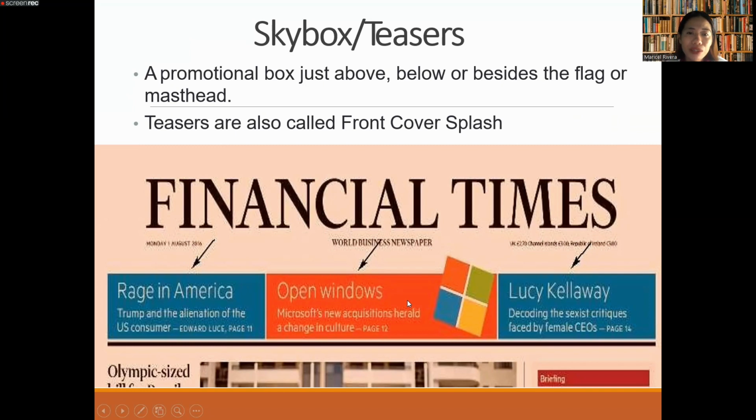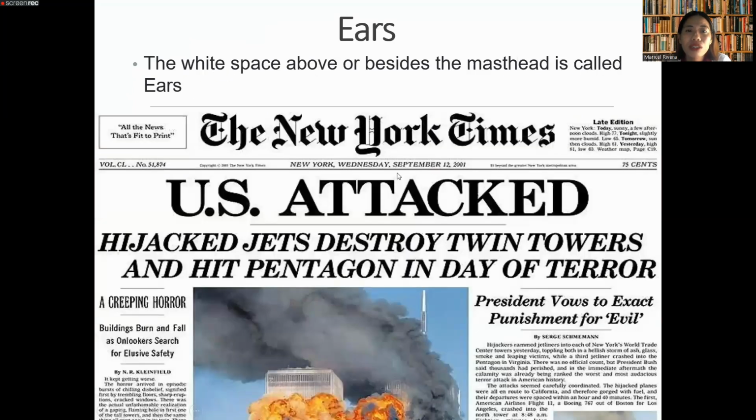Now, teasers are also called the front cover splash. Just too many terminologies, but we could be able to do it. Now, the white space above or beside the masthead is called the ear. So this one, these are all ears.